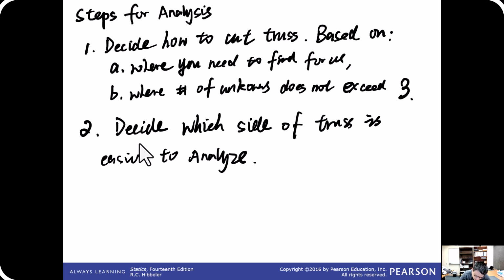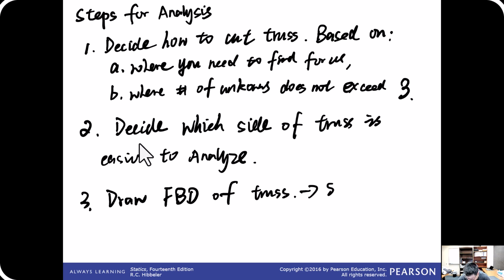Usually we select the side, either left side, right side, upper side, or down side, with the fewer number of members. And then we need to draw the free body diagram of the truss. Convert its supports into the free body diagram, whether it's a pin or a roller.